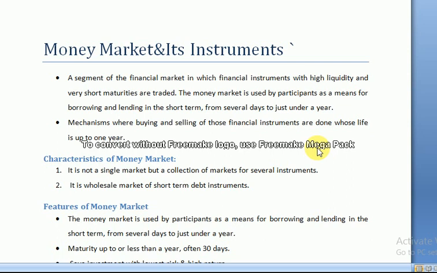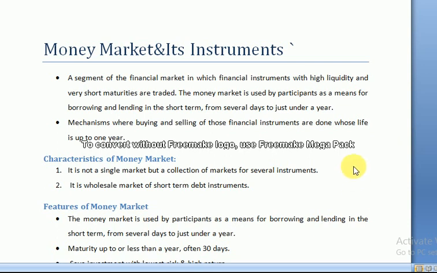Our new chapter is money markets and its instruments. So what does it mean by money markets? Most of the students get confused by the name.